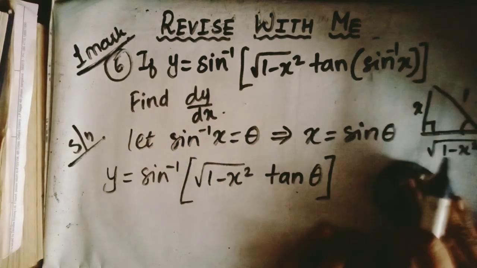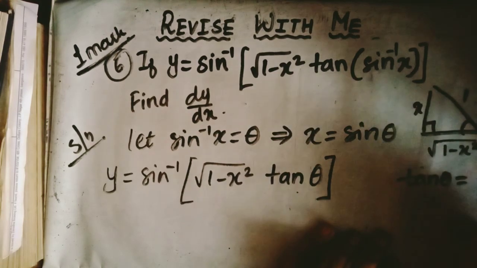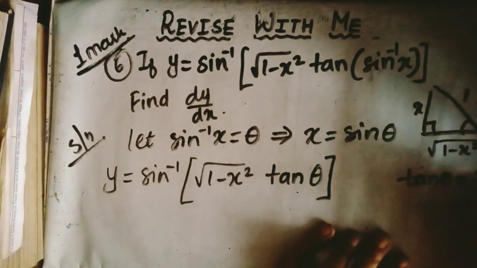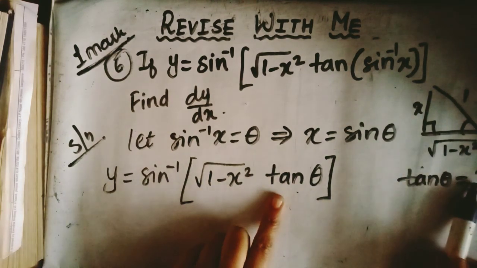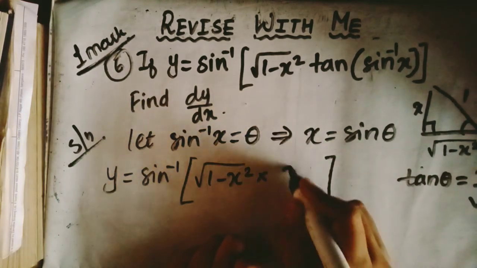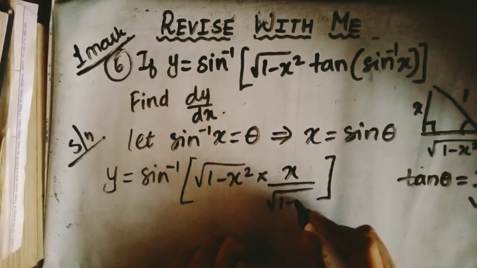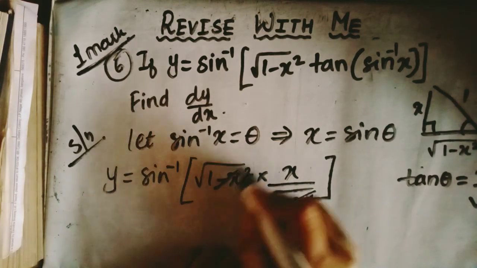I have written this wrong. Tan is opposite upon adjacent, so x upon root of 1 minus x square. Okay. So in place of tan theta, you can substitute here x upon root of 1 minus x square.